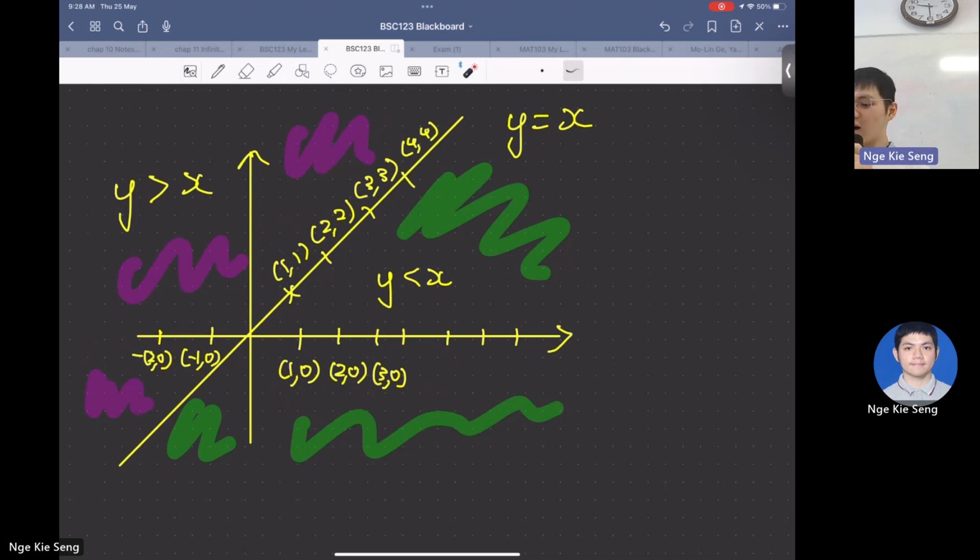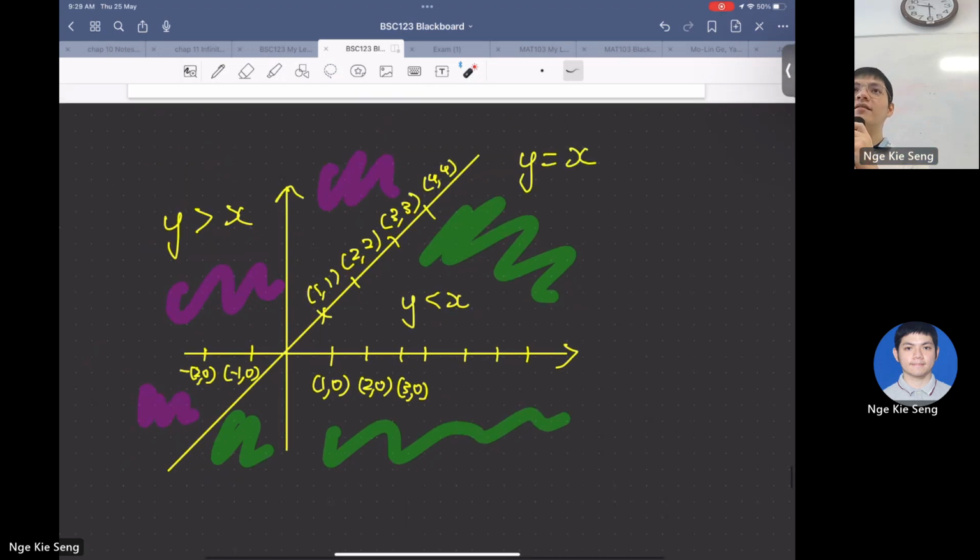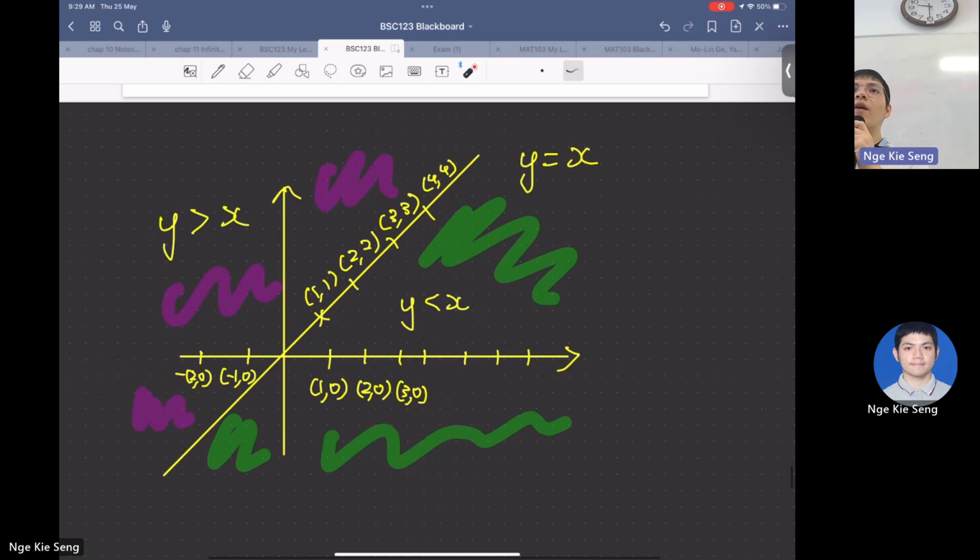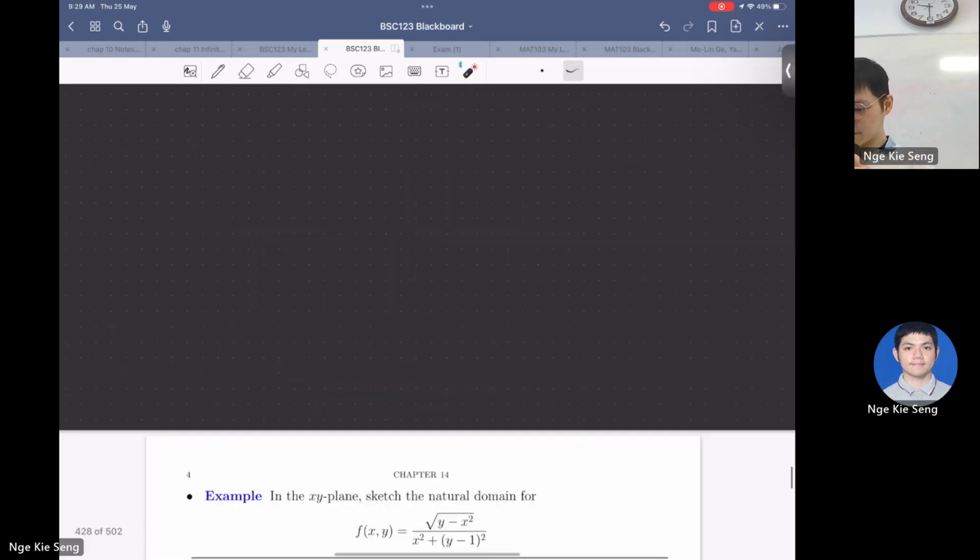How does this line split into this inequality? One quick way is you just take one point and then check what kind of inequality is satisfied.